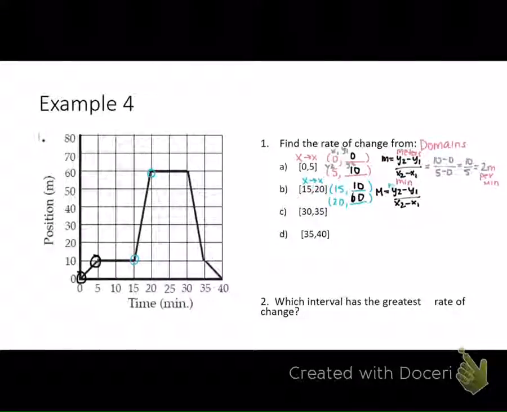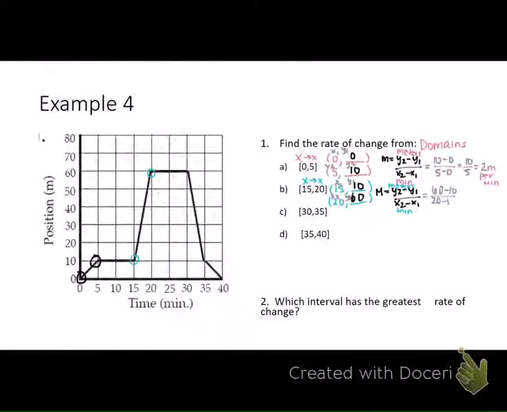We know it is meters per minute when we get to our answer. And you do your subtraction. So we have x1, y1, x2, y2. So that's 60 minus 10 over 20 minus 15, which is 50 over 5, which is 10. What are the units? 10 meters per minute.